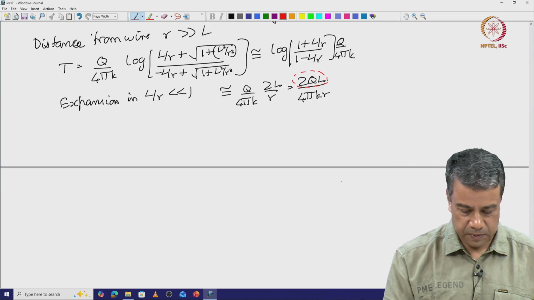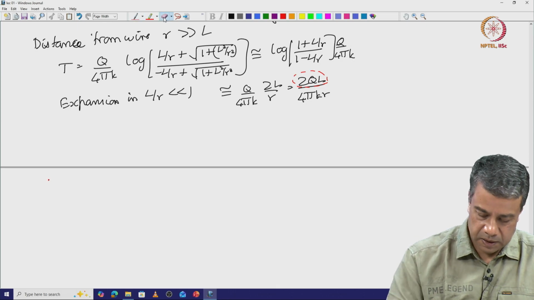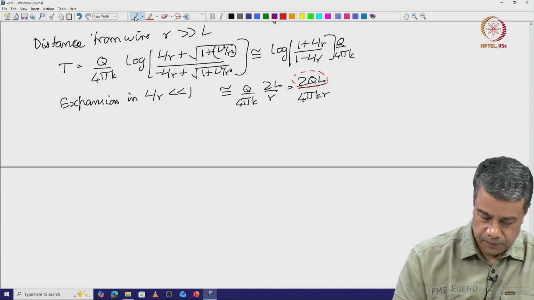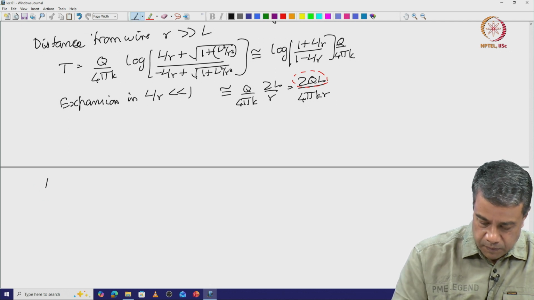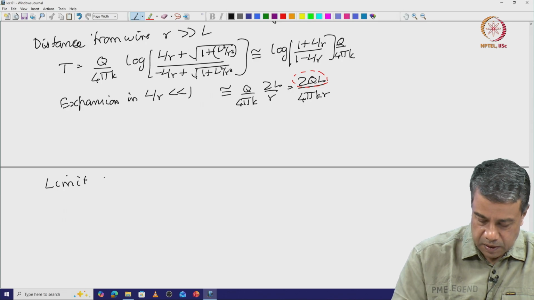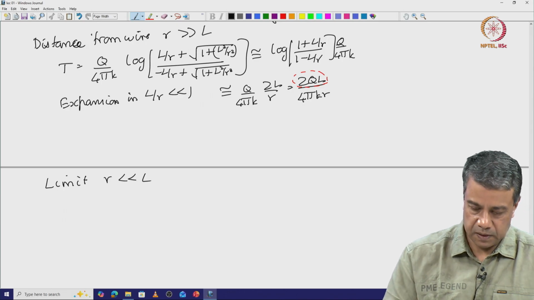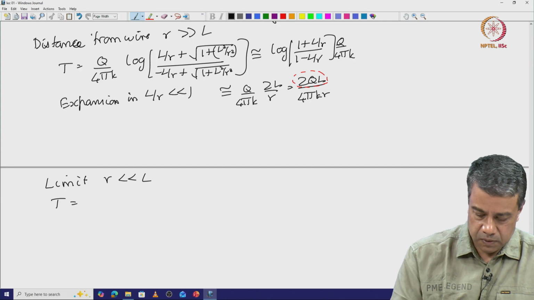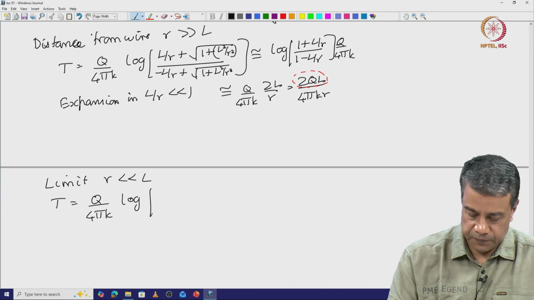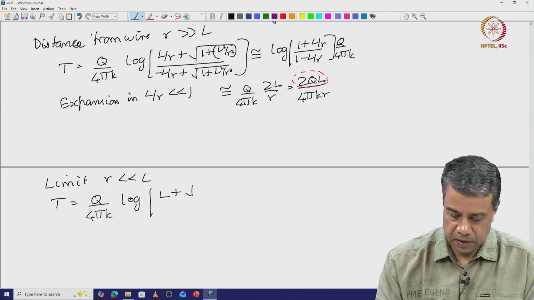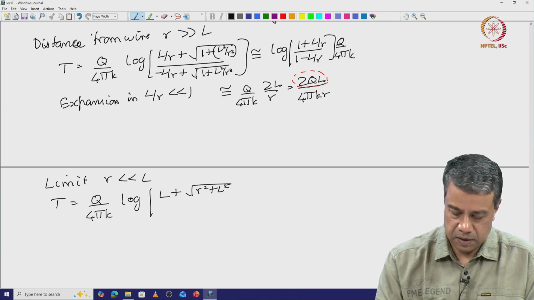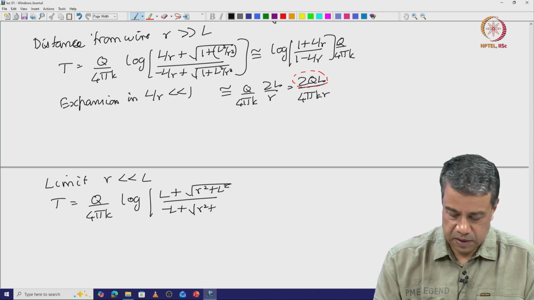What happens in the other limit, where r is much smaller than L? Note that T is equal to q by 4 pi k log of (L plus root of r square plus L square) by (minus L plus root of r square plus L square).